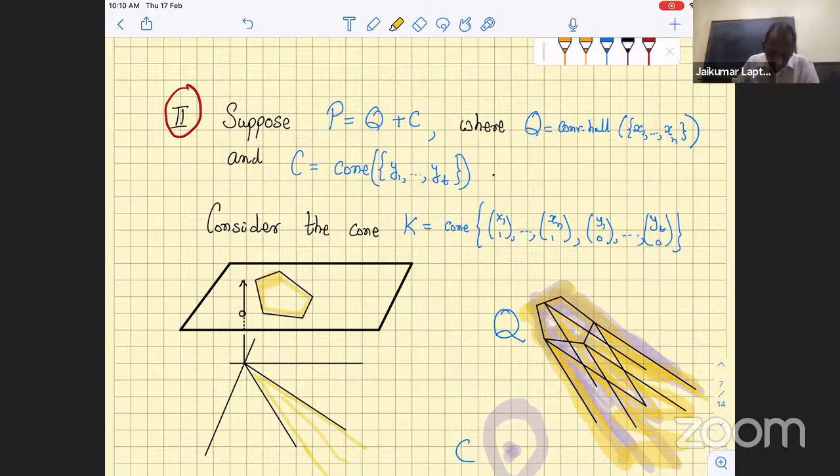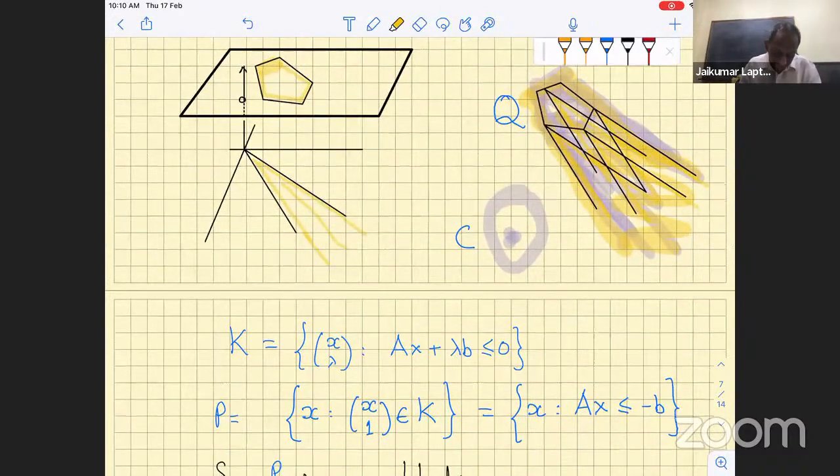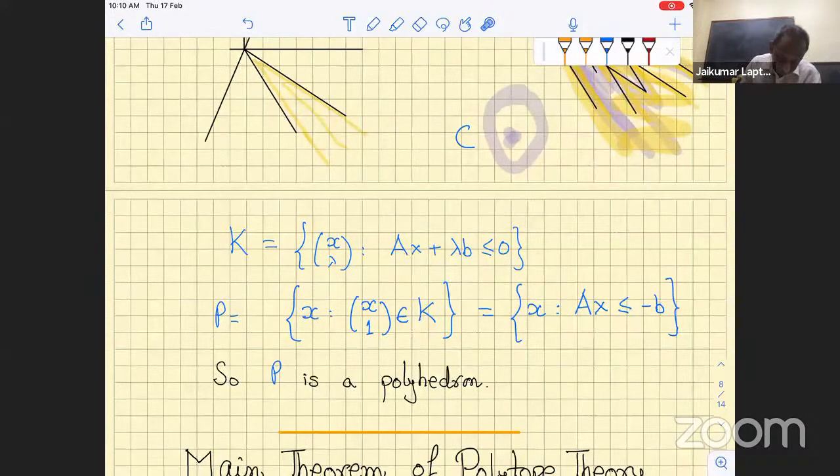But now I have one cone and a convex hull sitting on top. So what do I do? One second, let me explain.